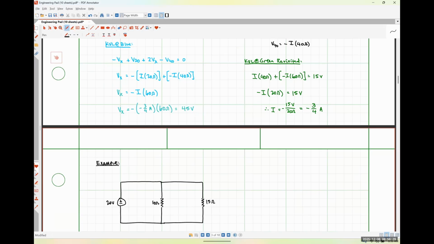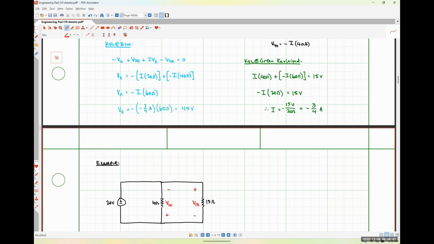I'm going to say that the voltage drop across the 15 ohm resistor has positive polarity on top, like so. And the voltage drop across the 10 ohm resistor has positive polarity on bottom, like so.